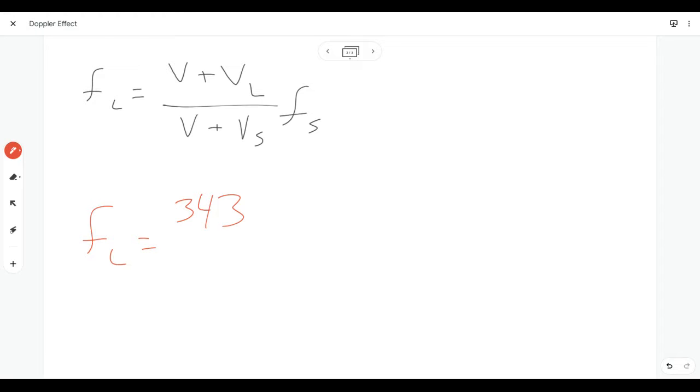But usually it'll either be 343 or close enough that it really doesn't make a difference. The listener is not moving. And as we said, if the source is moving towards the listener, then you make the velocity of the source negative. So we subtract 20.